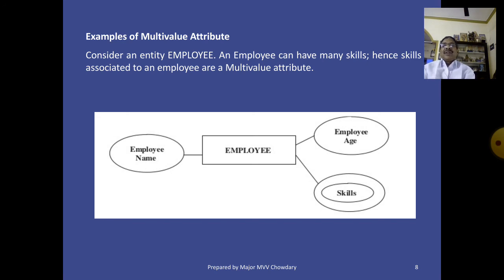Skills is the multi-value attribute, because an employee can have many skills. Single value attributes are represented by an ellipse; the multi-value attribute, skills, is represented by a double ellipse.